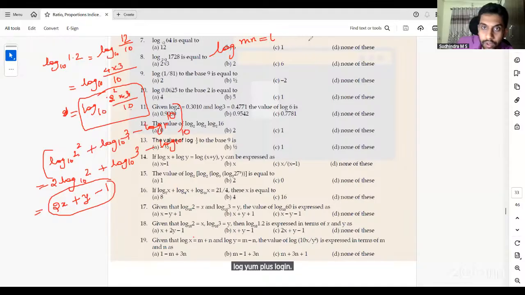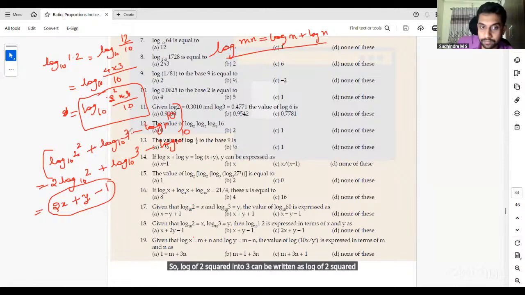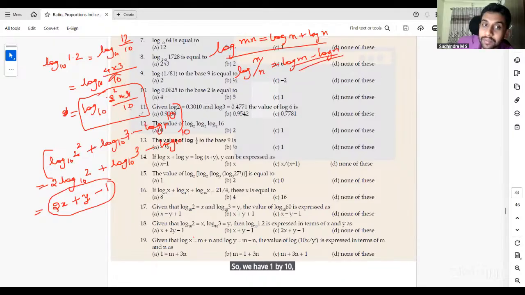That property we discussed yesterday. So log of 2 square into 3 can be written as log of 2 square plus log 3. In the same way, log of m by n can be written as log of m minus log n. So we have 1 by 10 that can be written as minus log 10. Minus, because it's in the denominator.